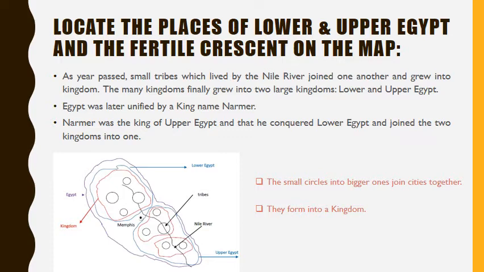The circles show tribes, meaning groups of people, and the purple line shows the whole Egypt after joining together. So the small circles join into bigger ones, cities join together, and they form a kingdom.